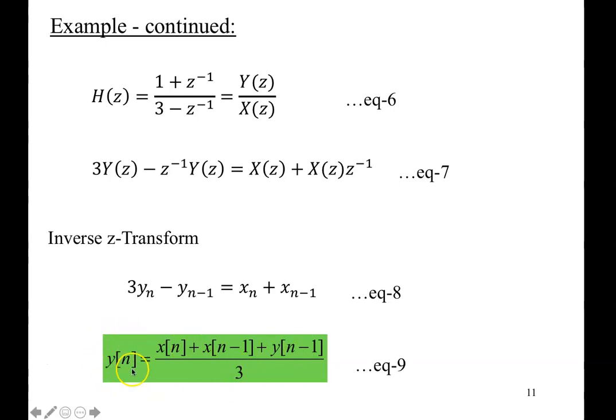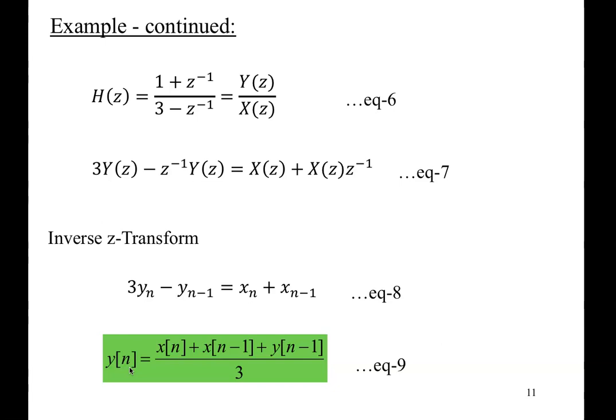That will be your current output. Then you save the current input and current output in memory, so that the next time the interval comes, x[n] and y[n] become x[n-1] and y[n-1], your previous input and output. So in this case, your computer will need one more memory space to remember the previous input.